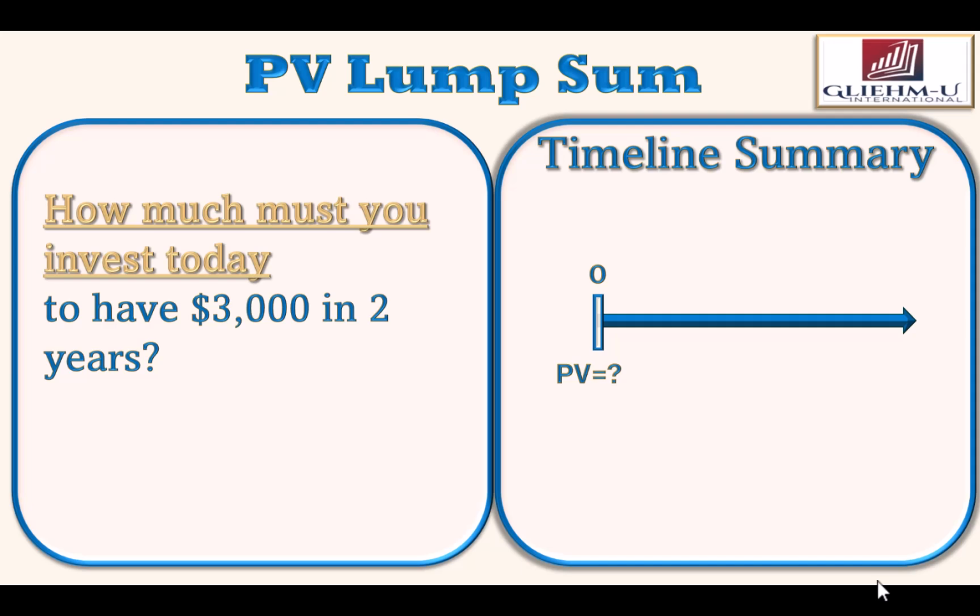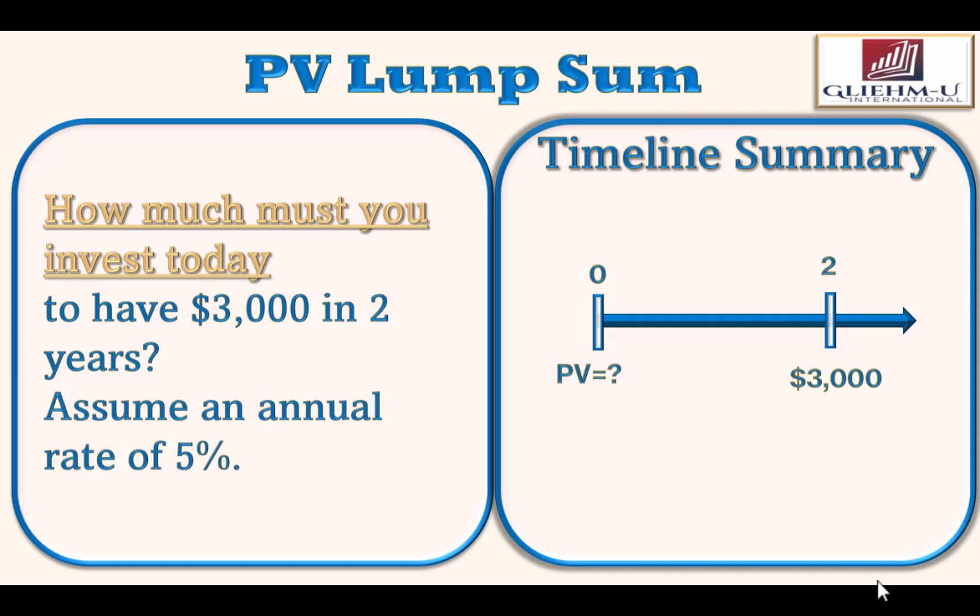This is also rich with information because it tells us that 2 years out, we will have $3,000. So the future value in 2 years, we know it, and it is $3,000. Assume an annual rate of 5%. I'm just going to post that right here, that the annual rate is 5%.